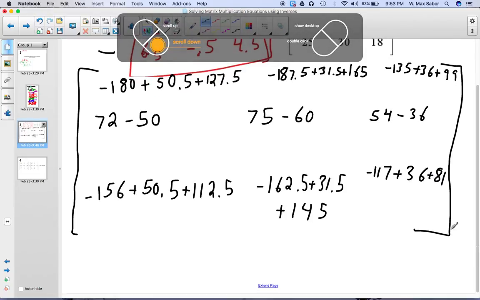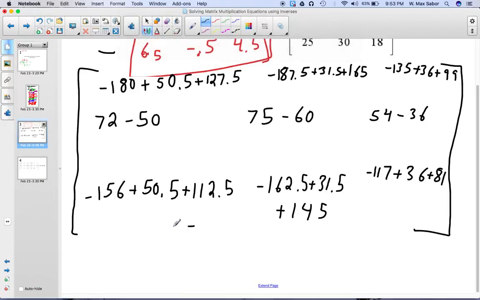Now it's just addition that is left over. So we add these up. Negative 180 plus these two is 8. Adding those, we get 9. Adding these gives us 0. These subtract 22. This is 15. That's 18. This is 120.